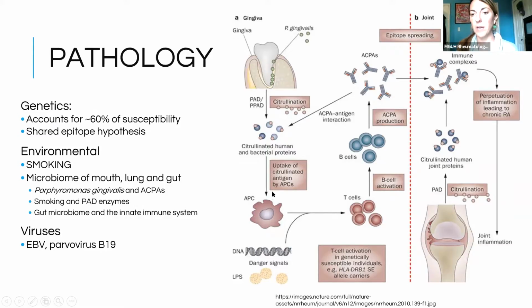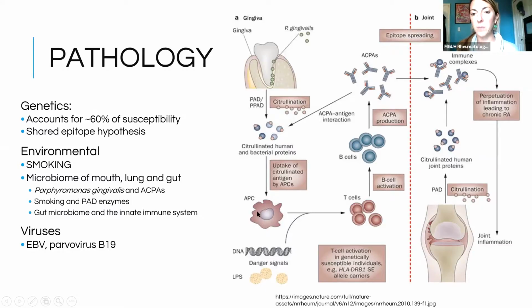So your antigen presenting cells will take up these citrullinated bacterial particles because they recognize them as foreign. But throughout that process, they can start taking up your own self antigens that have been citrullinated, processed by the antigen presenting cell.